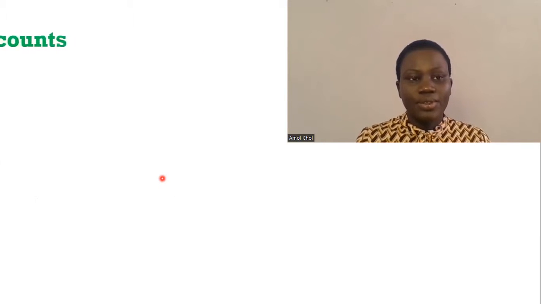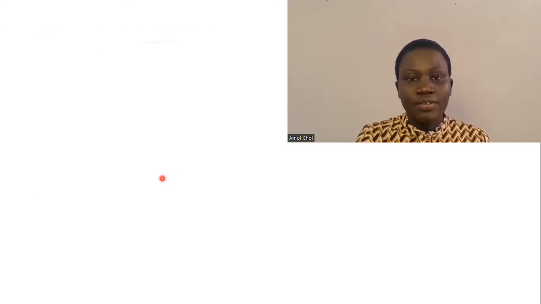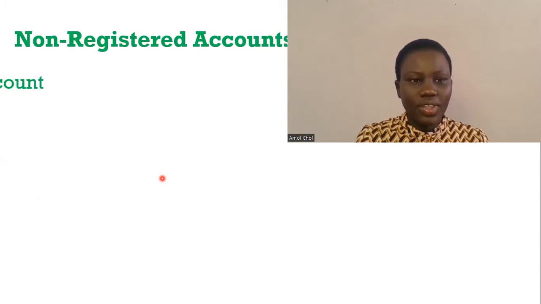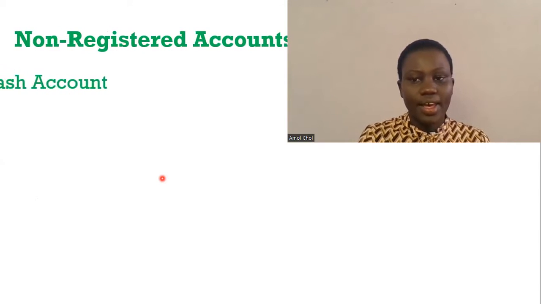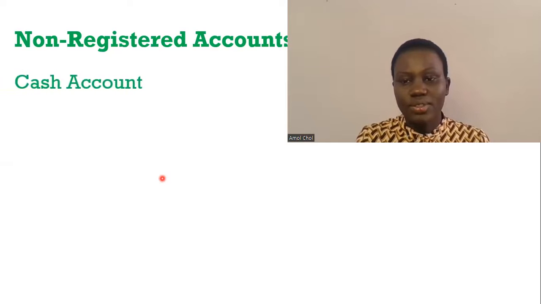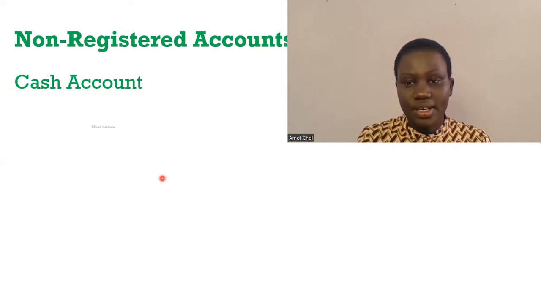For example, we have the non-registered accounts. They have two common ones: one is the cash account and the other one is the margin account. Cash accounts are like, for example, the checking account that you have with your bank, and some of the cash accounts that you can have with your investment companies or brokers.